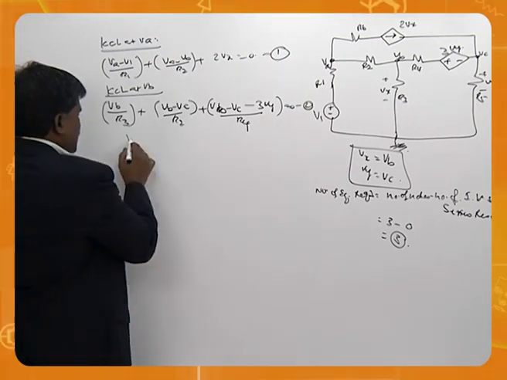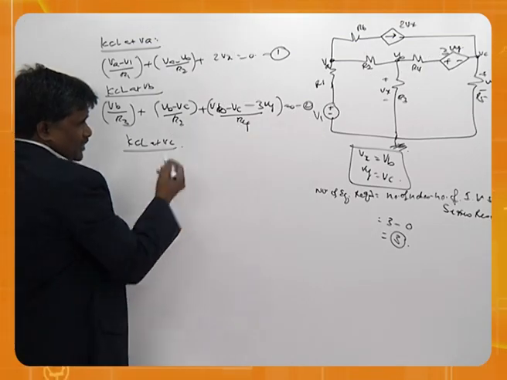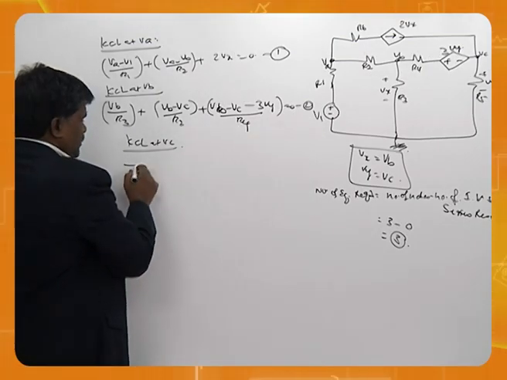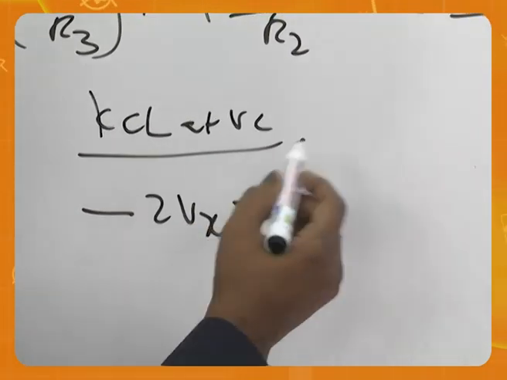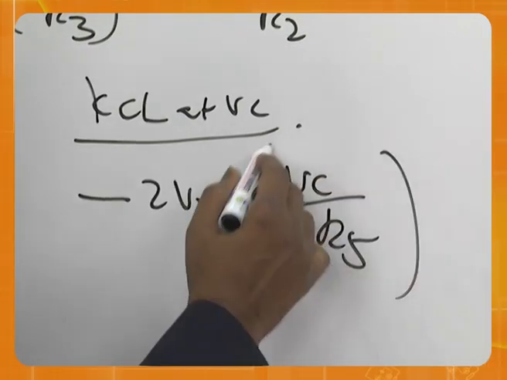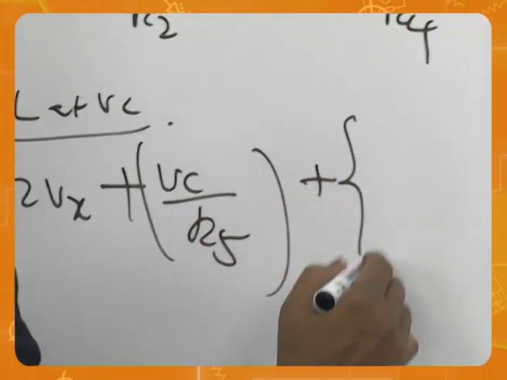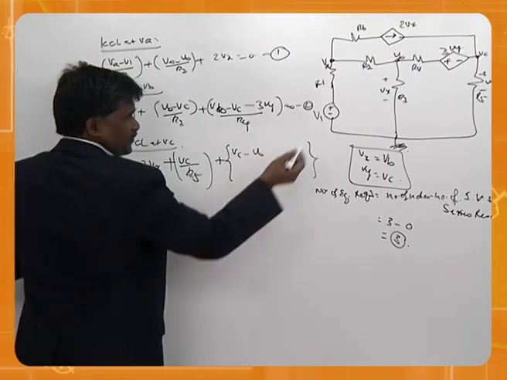Then KCL at VC. What is KCL at VC? Minus 2Vx, then VC by R5, then VC minus VB.